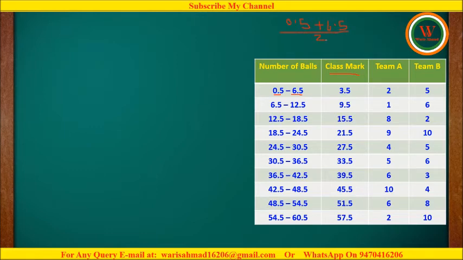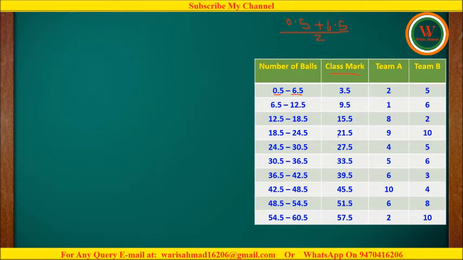A class mark is always equal to lower limit plus upper limit divided by 2. So 6.5 plus 0.5 equals 7. 7 divided by 2 equals 3.5. Similarly, we can find the class mark of the second one, that will be 9.5. The class mark of the third one will be 15.5.